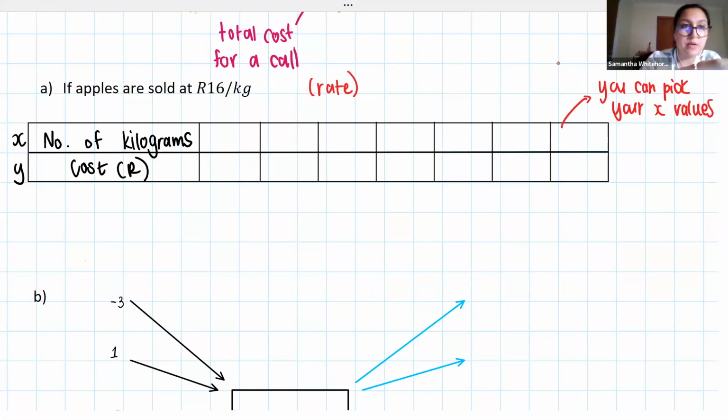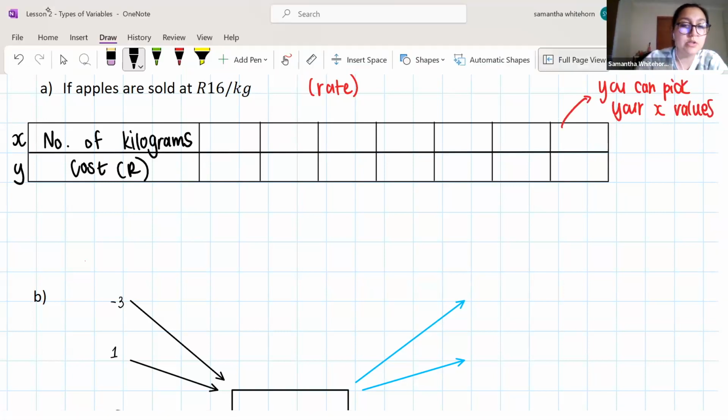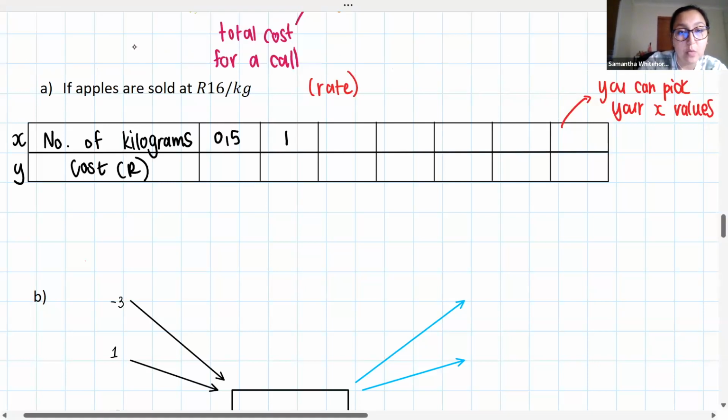Obviously, it should be within the context. Unless you are an apple juice producing business, you're never going to buy more than maybe 5 kilos of apples. So I'm going to give you some values here that hopefully make sense, and you're going to fill in the cost for me. So 0.5 kilogram, 1 kilogram, 2, 4, 5.